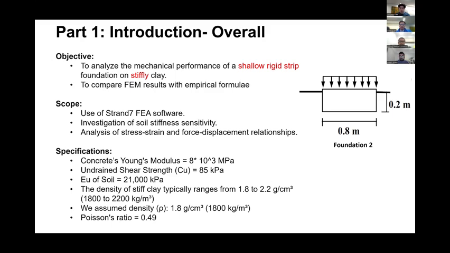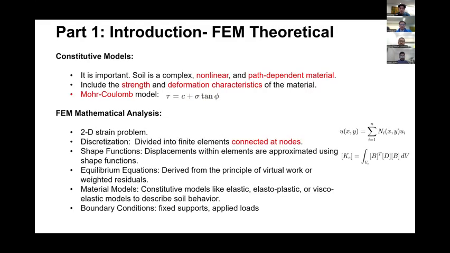We have taken the density of our stiff clay as 1800 kg per meter cube. Lastly, the Poisson ratio is set at 0.49. This comprehensive overview sets the stage for our detailed analysis of the shallow rigid strip footing on stiff clay.